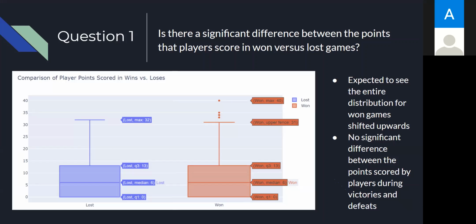We expected to see a distribution that was shifted higher for games that were won. However, we noticed that both the box plots had the same exact quartile 1, 3, median, and almost the same maximum. However, there were a few outliers for games that were won, which makes sense.